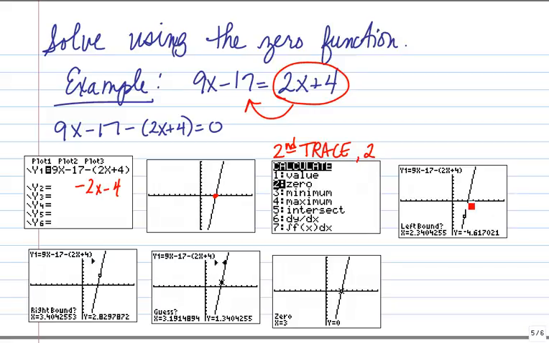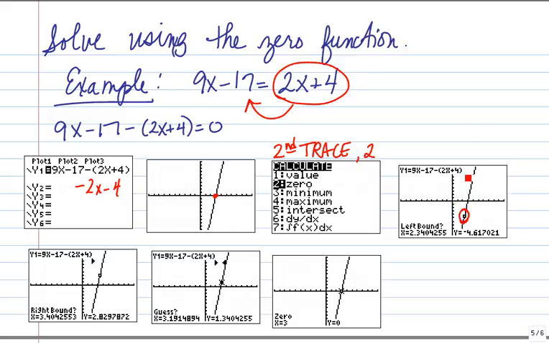So I had to go here, that is in the fourth quadrant somewhere, where I notice that I have a positive and a negative x and y value. Sometimes you can't see the cursor. It's off the screen, so you need to make sure you're looking for the correct signs for those points that are denoted here. So you choose a left bound somewhere to the left of the 0.